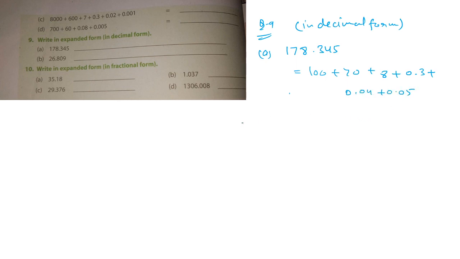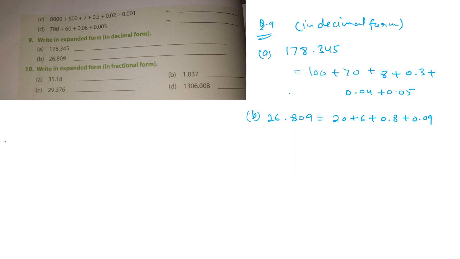Okay, and in question number B you have to write 26.809 is equal to 20 plus 6 plus 0.8 plus 0.09. This is the answer.